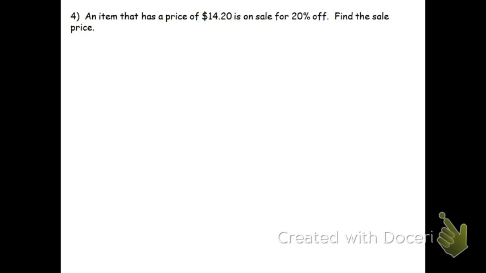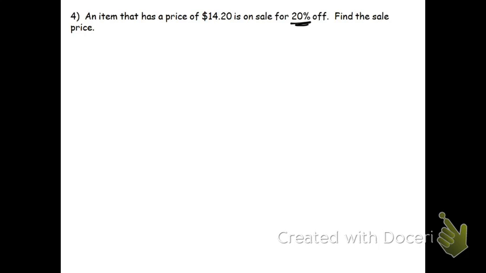Okay, next problem. An item that has a price of $14.20 is on sale for 20% off, and they want us to find the sale price. Well, we could do this problem two ways. We could do it in two steps. I could take the 20% off and then subtract it from the $14.20.